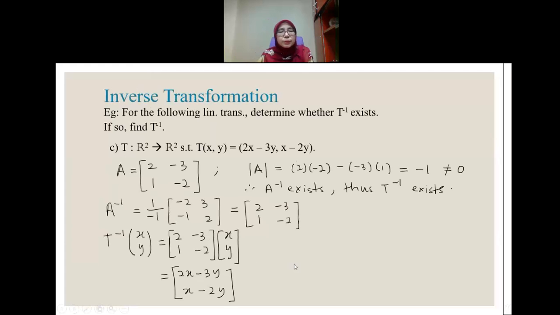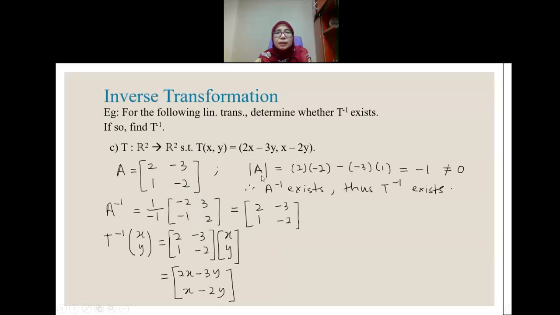Okay, next example. This one is 2 by 2. First you should get the standard matrix A. The first component gives the first row, the second component gives the second row; just take the coefficients.